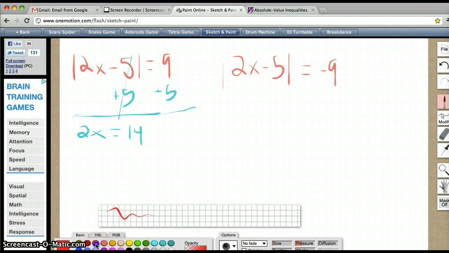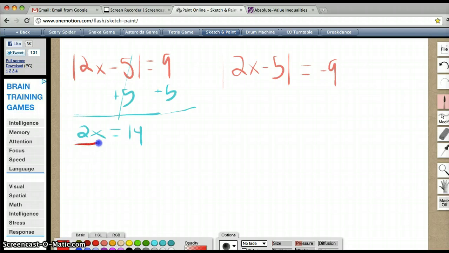Then you're going to solve for x. So divide by 2, divide by 2, and you've got x is equal to 7.